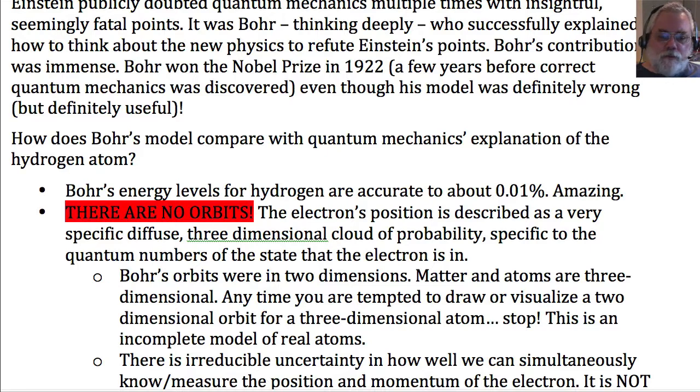Bohr's orbits were in 2 dimensions. Matter and atoms are 3-dimensional. Anytime you're tempted to draw or visualize a 2-dimensional orbit for a 3-dimensional atom, stop. This is an incomplete model of real atoms.